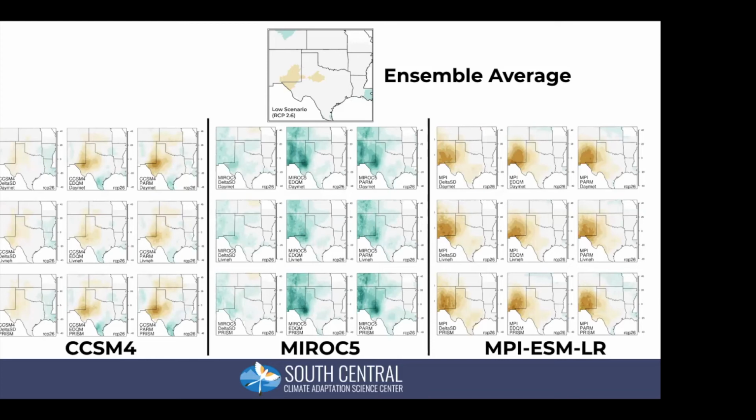The 27 projections that were used to create the ensemble average fill the rest of the screen. They are grouped by the global climate model that they were downscaled from. It is clear that the GCM has a heavy hand in the precipitation projections, and not every GCM projects the same direction of precipitation change.